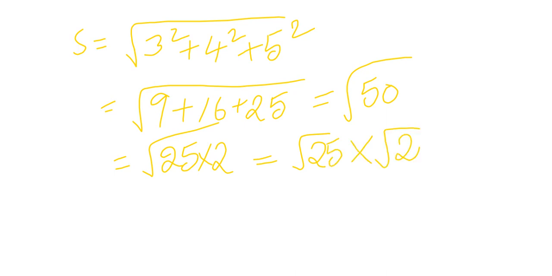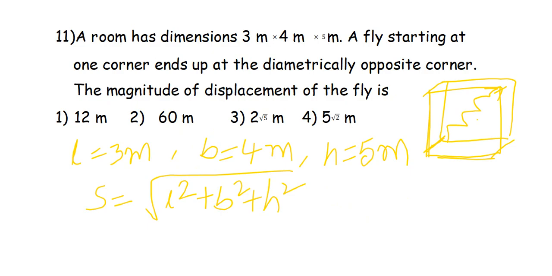The value of root 25 is 5, so it is 5 root 2. The fly makes a displacement of 5 root 2. Displacement is measured in meters. Here the displacement of the fly is 5 root 2 meters. So the 4th option is the correct one, 5 root 2 meters.